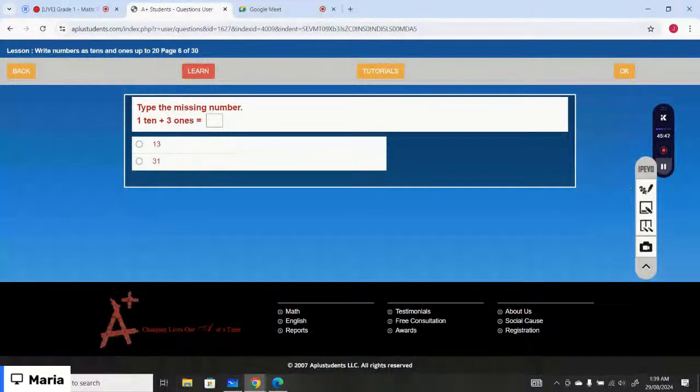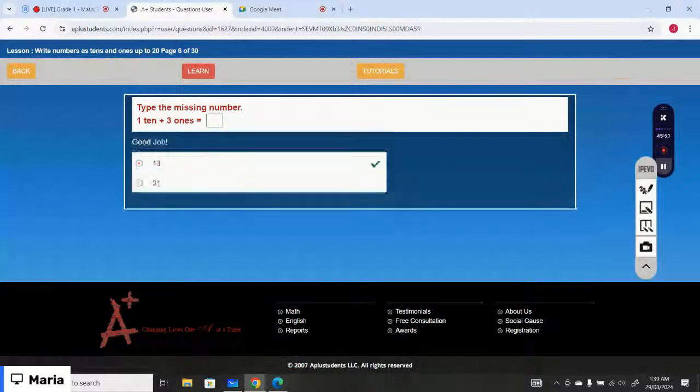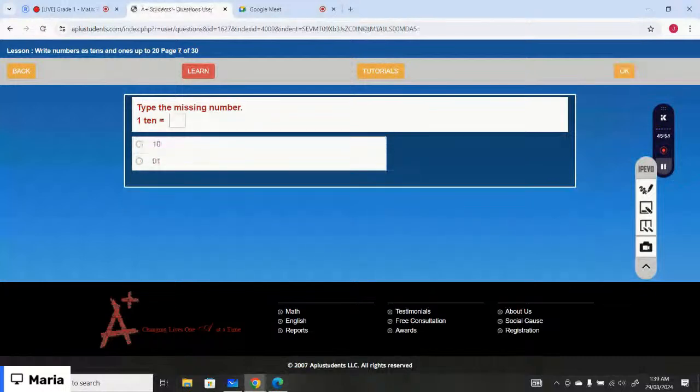Option number 1 is the correct option. Type the missing number: 1 ten.